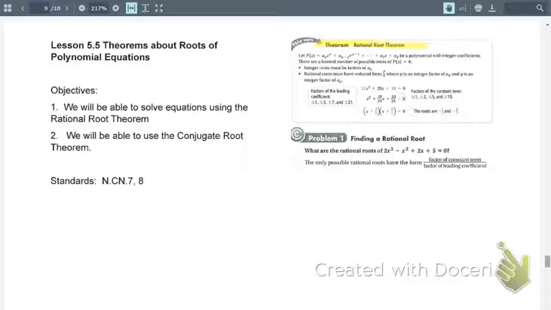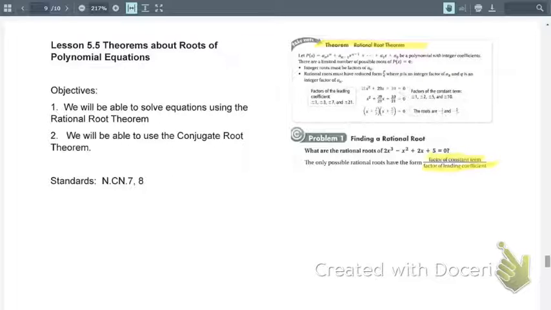And we determine what those possible roots are by taking the factors of our constant term and dividing it by the factors of our leading coefficient, and then we're going to develop a list, and that list is our possible rational roots.